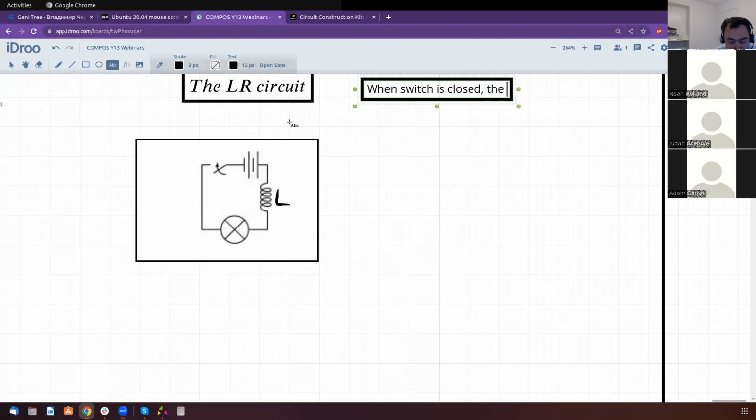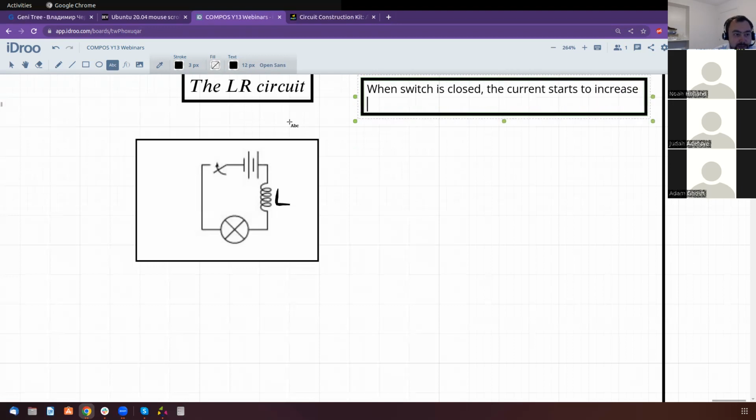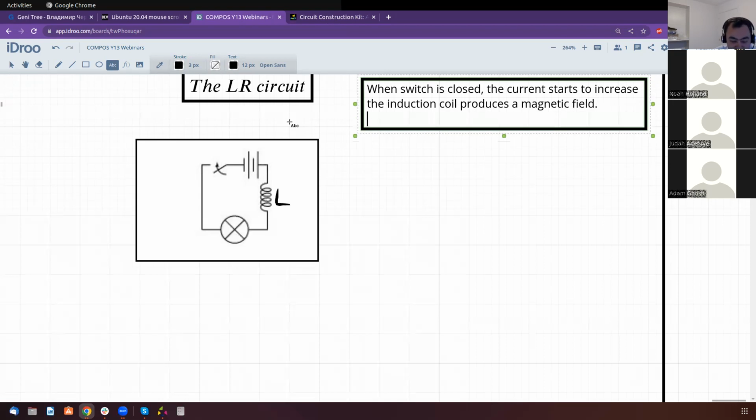the current starts to increase. The coil, the induction coil, produces a magnetic field. This magnetic field increases.